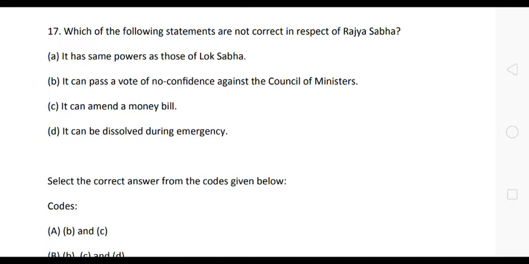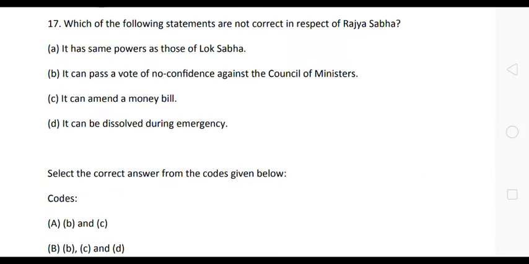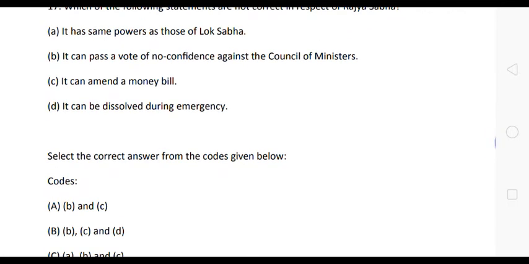Very important question. Which of the following statements are not correct in respect of Rajya Sabha? Statement A, it has same powers as those of Lok Sabha. This is not true. Statement B, it can pass a vote of no confidence against the Council of Ministers. Statement C, it can amend a money bill. This is also not true.